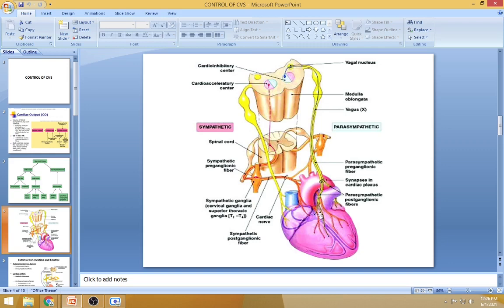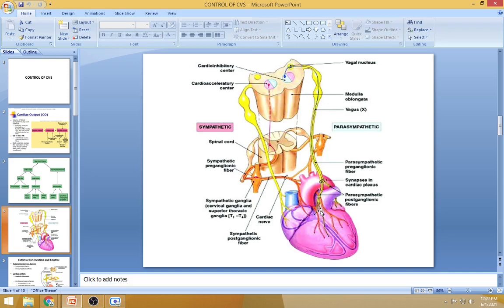It decelerates the heart rate, and by decelerating the heart rate it also decreases the cardiac output and has an effect on the mean arterial pressure. So it can cause a fall in mean arterial pressure.